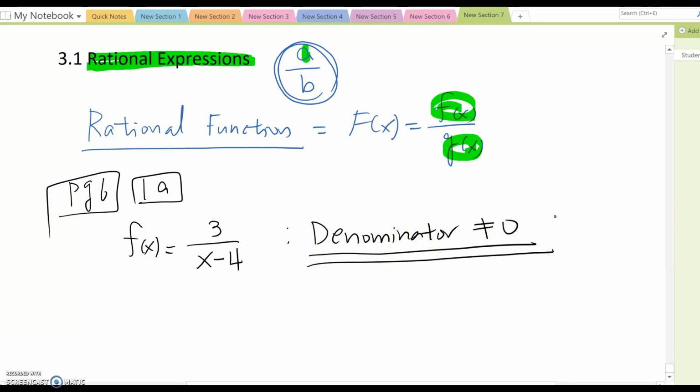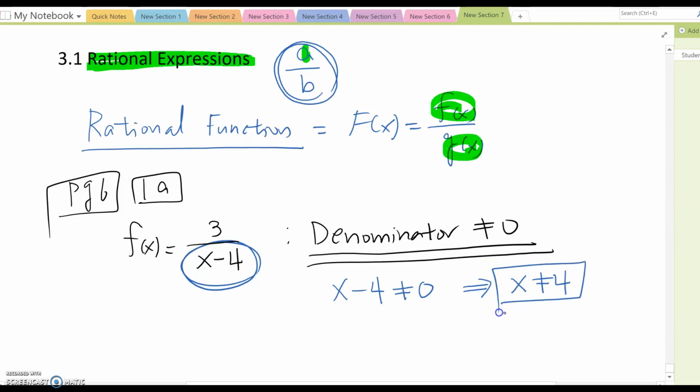So we always find this limitation before beginning the problem. The denominator expression is x minus 4, so we set up x minus 4 cannot be 0. If you solve for x, then x cannot be 4. So this is our limitation here.